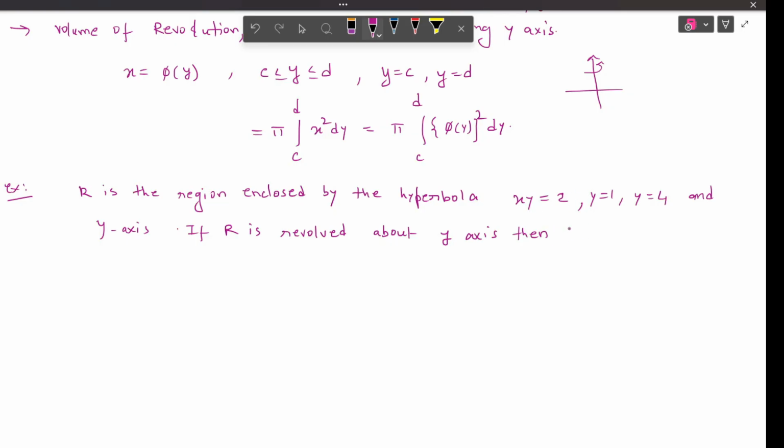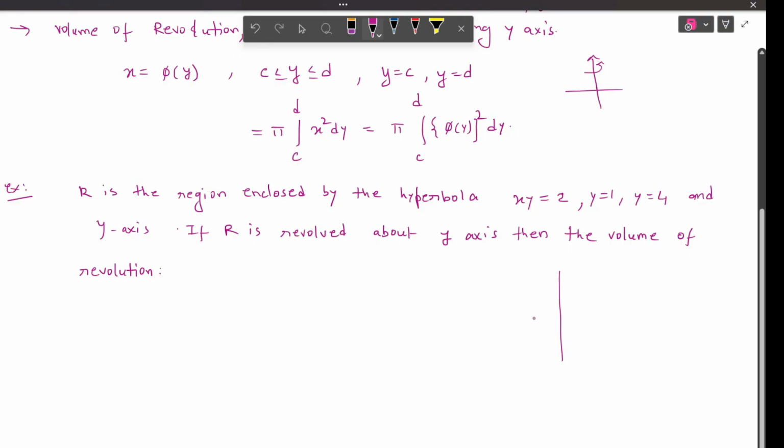So then the volume of revolution, so let us draw the graph first. This is rectangular hyperbola curve xy equals c square. So let us say we have the graph in this format.